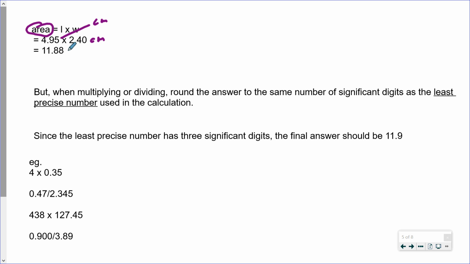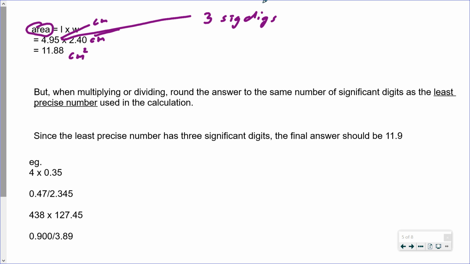And when we do the calculation, it ends up being centimeters squared. At any rate, if we take a look once again at our 2 original numbers, what I'm going to talk about is not the place value, not where the decimal is, but the actual number of significant digits. In both of these, we already saw before, it's 3 significant digits.